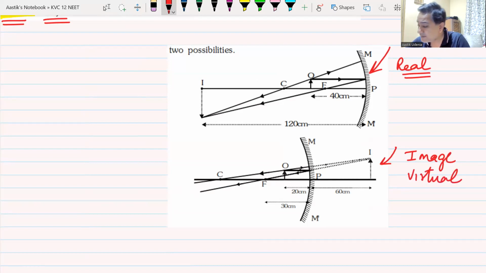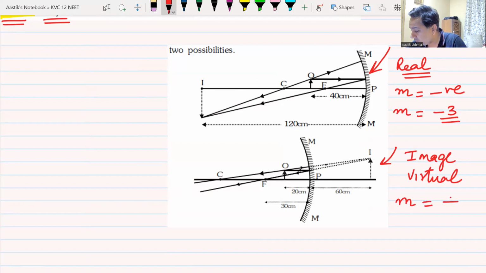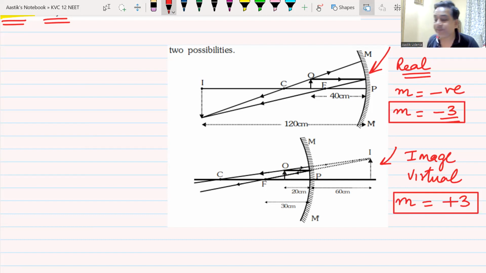If the image is real, and that was the point here, the magnification is negative. In this case, magnification is 3 times, therefore it would be -3. If the image is virtual, the magnification is positive, so it would be +3. That was the point of this question, why it was given. So you will have two answers depending on whether the image is real or virtual.